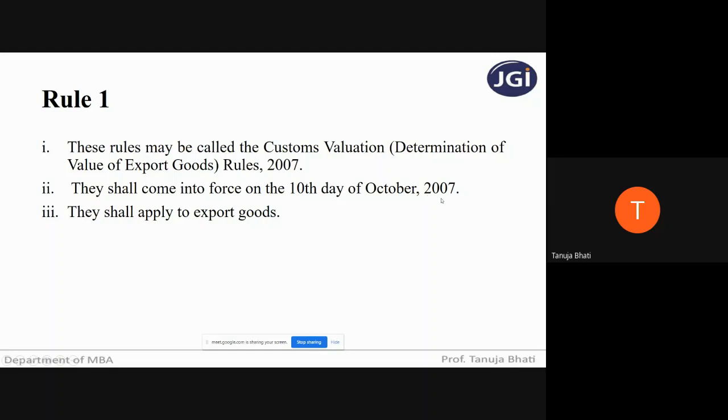These rules were framed in 2007, and they came into force from October 10, 2007. And these rules shall apply only to export goods, students. So rule number 1 says there is a certain set of rules, of 2007, framed to value the exported goods, and they will apply only to exported goods.